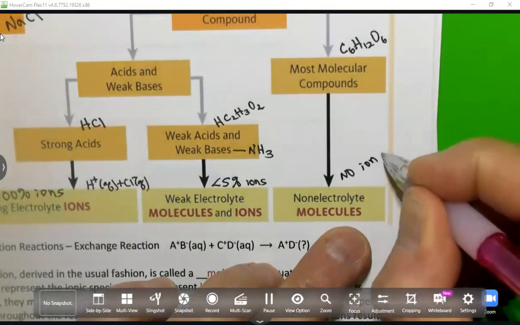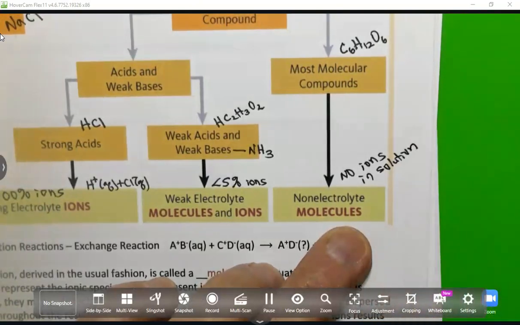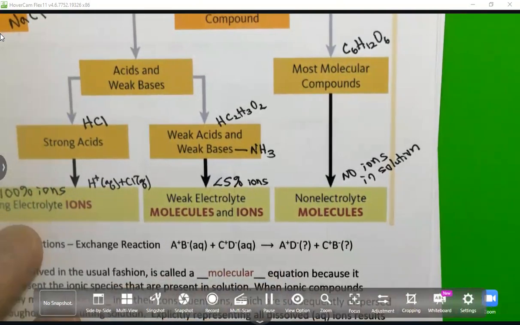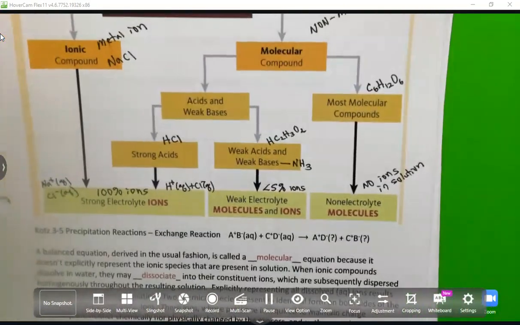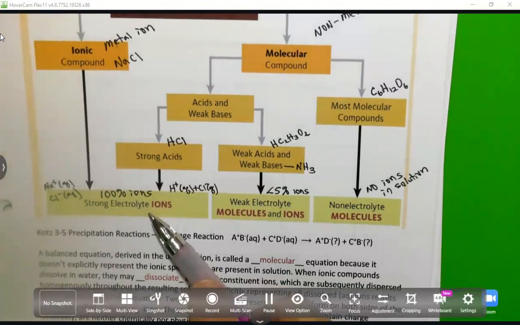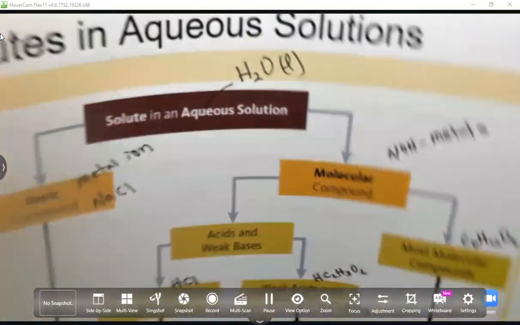No ions in solution. Okay, remember though, when you get 100% ions, you can still get a stronger electrolyte if it produces more ions in solution. So that's going to be the discussion in lab.